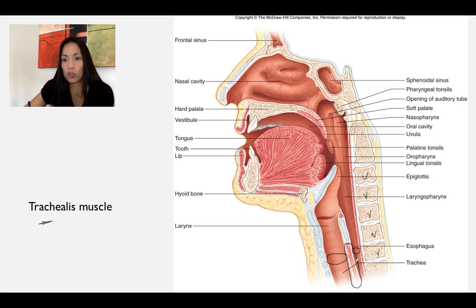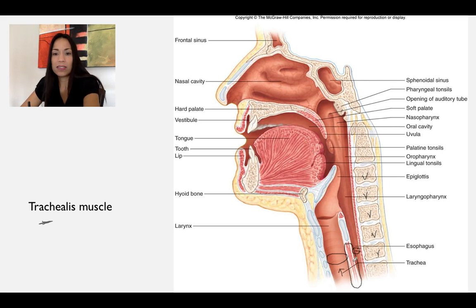So this trachealis muscle consists of smooth muscle tissue, and it forms the posterior aspect of the trachea and separates the trachea from the esophagus. This trachealis muscle is the one that contracts to increase the pressure on the trachea when we're coughing out any dust particle or any debris.